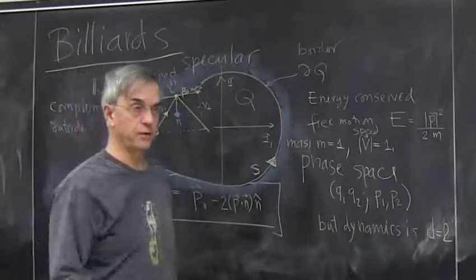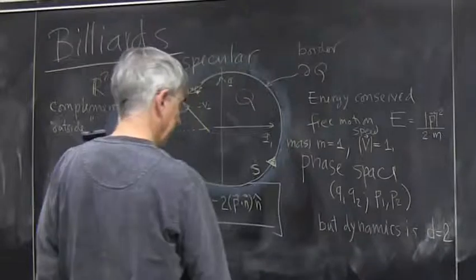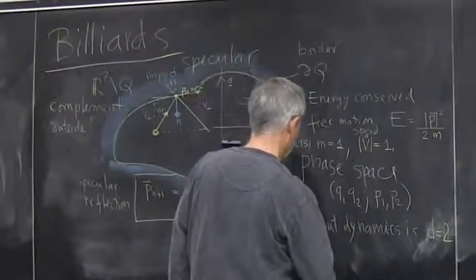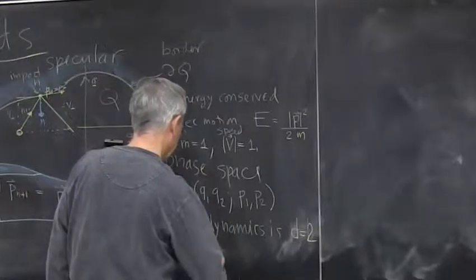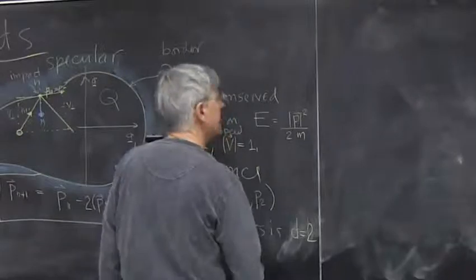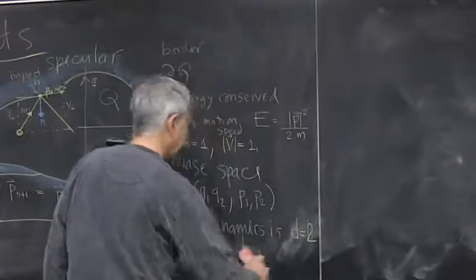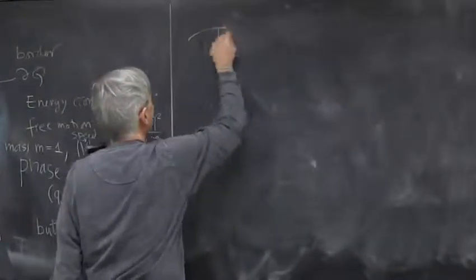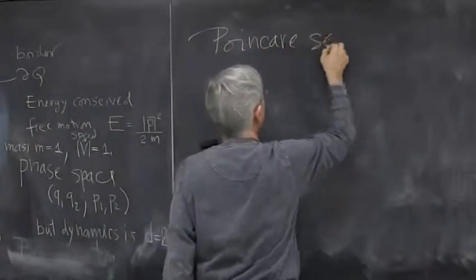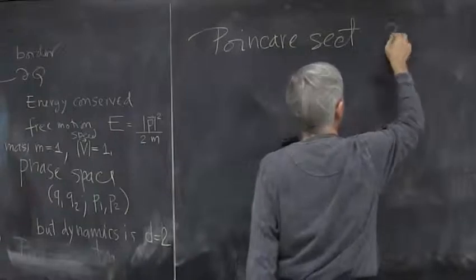So I have to specify only one component of the momentum. So the Poincare section is two-dimensional.